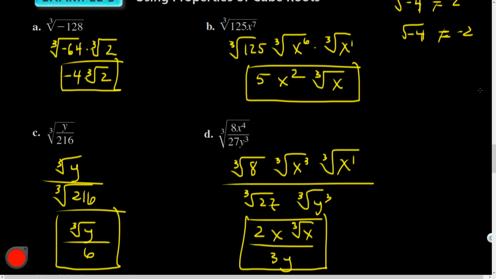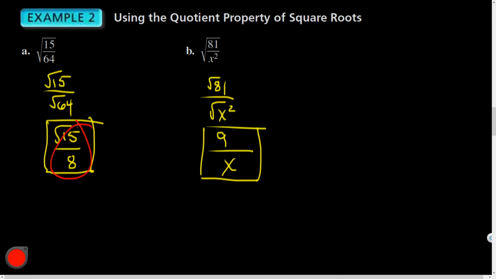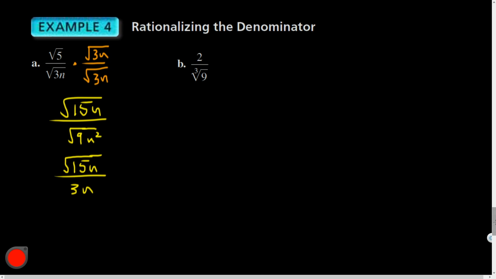If they were reducible, you could have done that. If this was like 12 and 8 or something like that, this one's a radical, this one's not, I would not have been allowed to reduce those. So even though I appreciate that you're wanting to simplify things, it would have been illegal in that case.